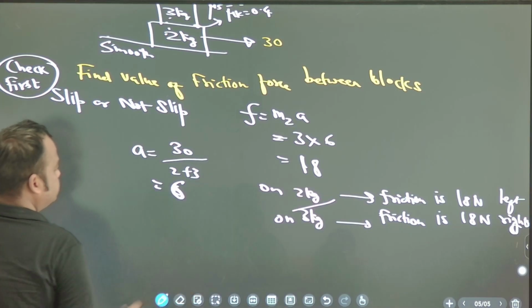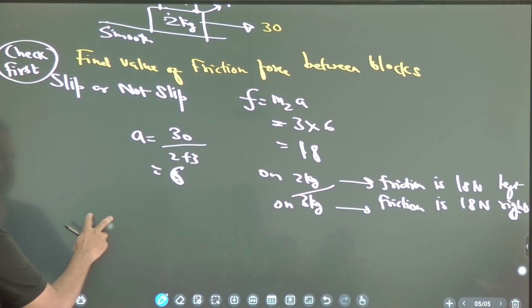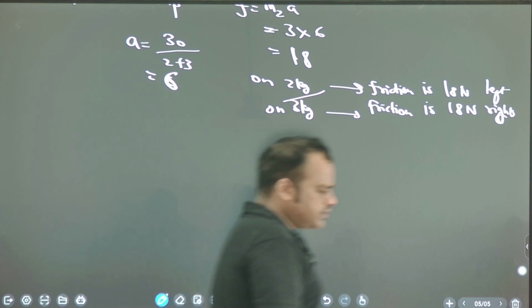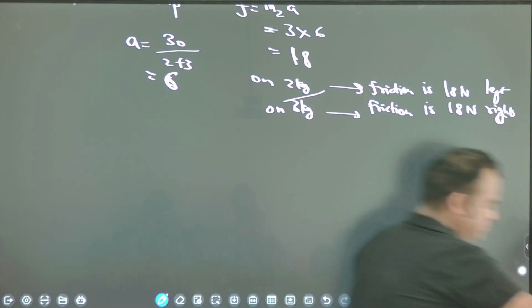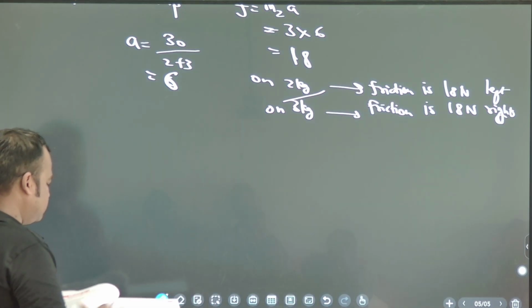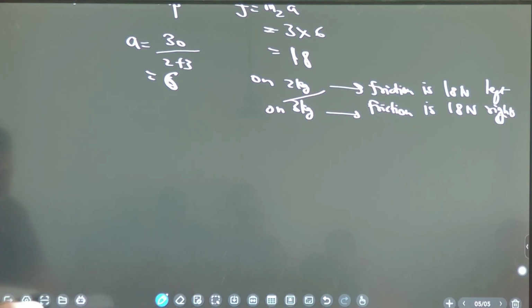So, let's see any question is there. Laws of motion.